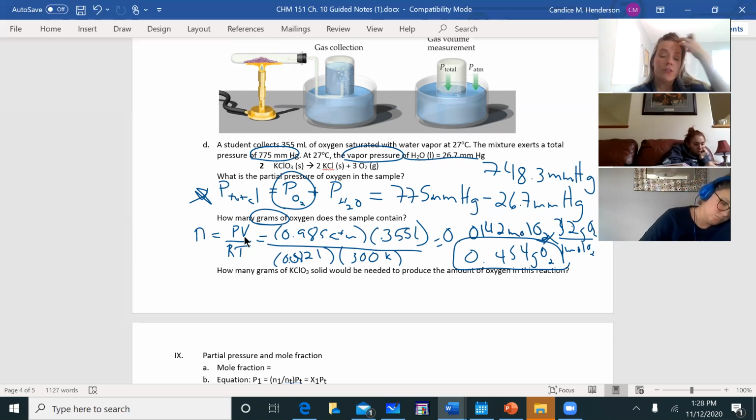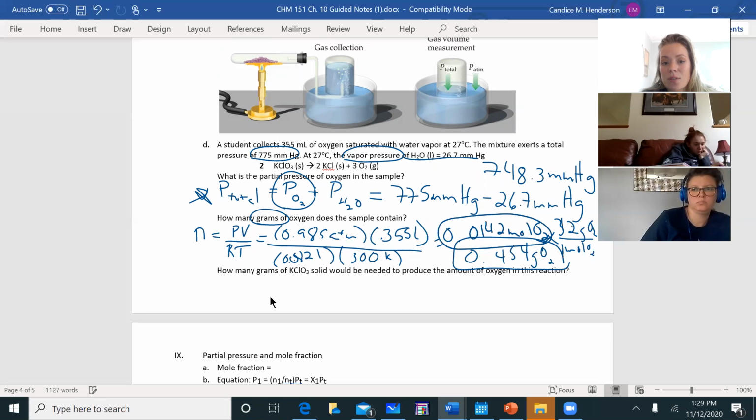We could even throw a little stoichiometry in there. Why not? For fun. What if it says, hey, tell me something about the solid. So how many grams of the KClO3 would be needed to produce this much oxygen? Well, I've already got my oxygen in moles, so I'm actually just going to use that number.